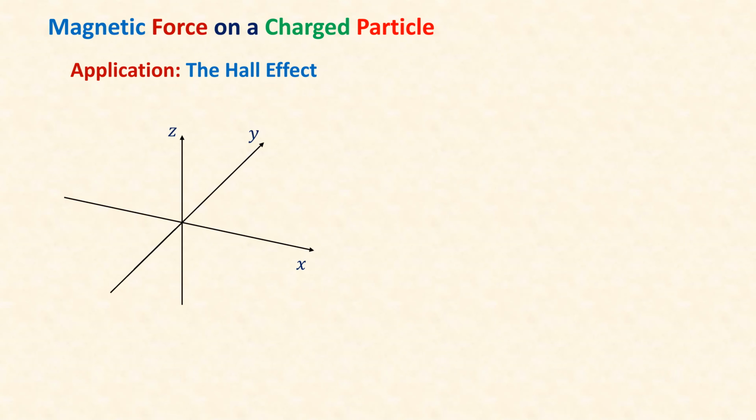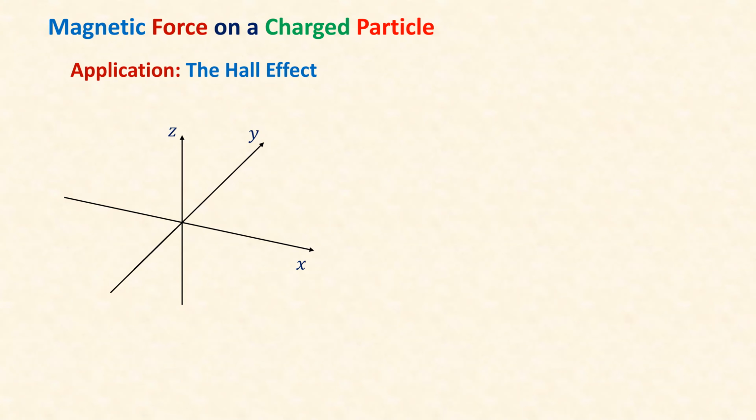There is another very interesting phenomenon that a graduate student called Hall figured out. And using that, we could find out whether the electric current that we know is made up of moving negative charge particles or positive charge particles.